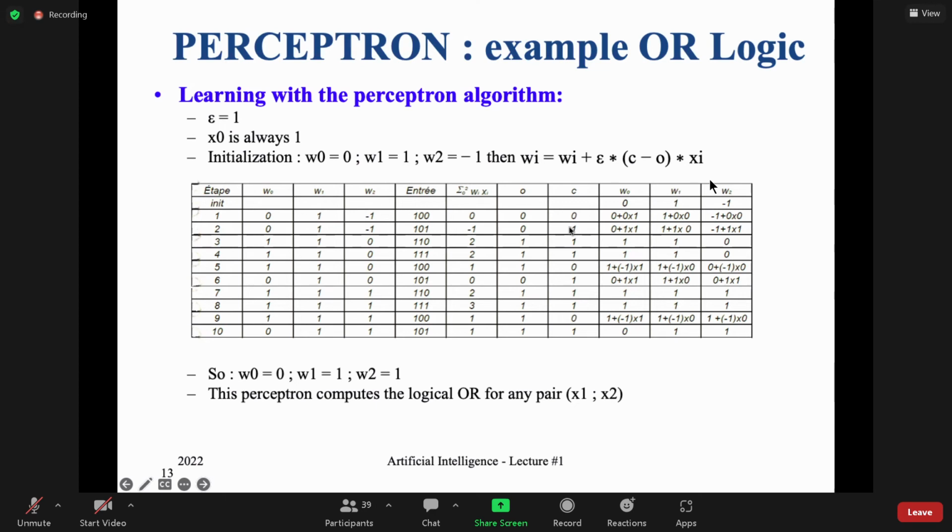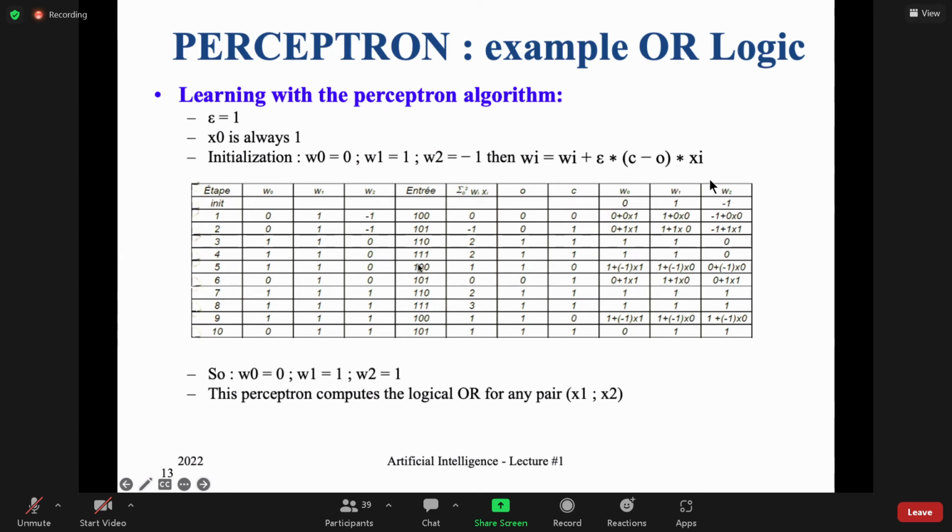So we can update the new value of the coefficients. It will be 0 plus 1 by 1, okay? Here it will be this one, and so on. So the new coefficients will be this one, and so on.